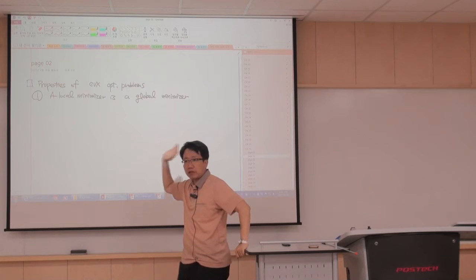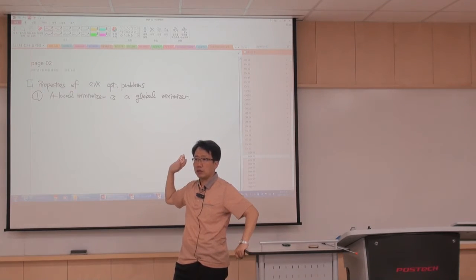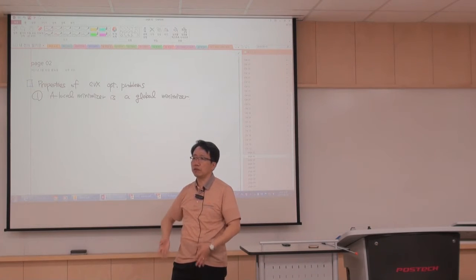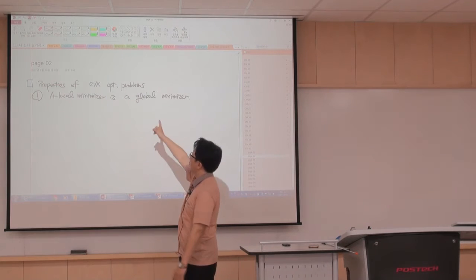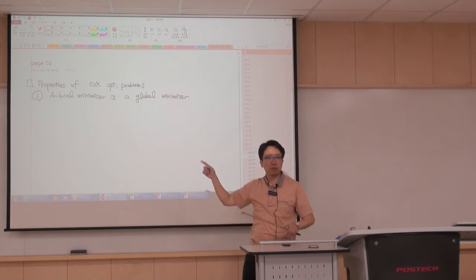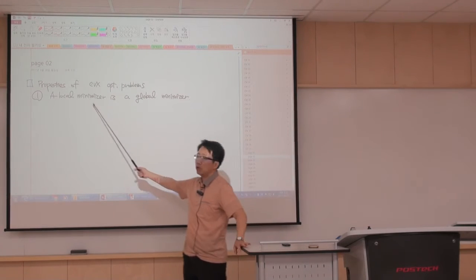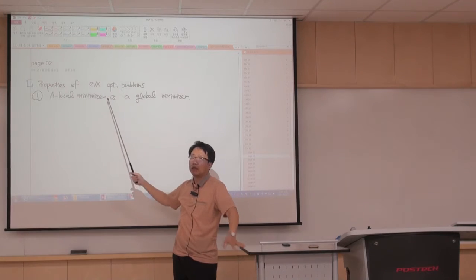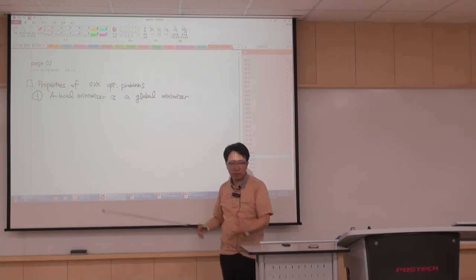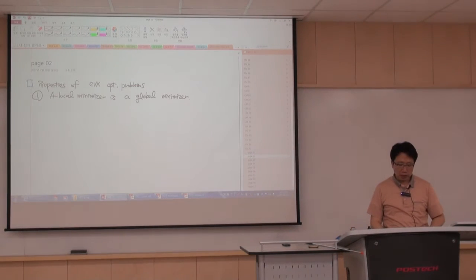I'm not talking about the standard convex optimization problem with functional constraints. I'm just talking about a convex objective function defined on a convex set and claiming this is true. By the way, is the converse true? Well, of course, by definition, right? A global minimizer is always local. So this means that in a general convex optimization problem, local minimality means global minimality.